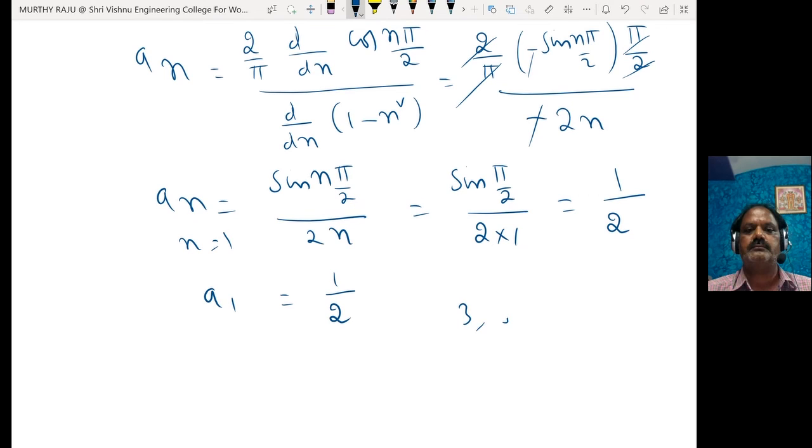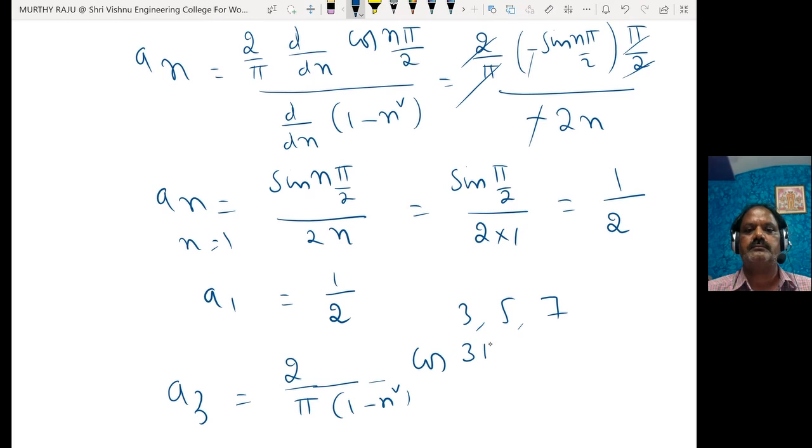For odd values 3, 5, 7, that is A3 is equal to 2 by pi, 1 minus n square, cos 3 pi by 2, with n equal to 3.